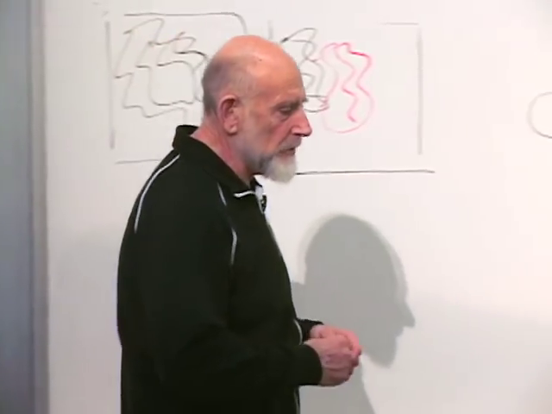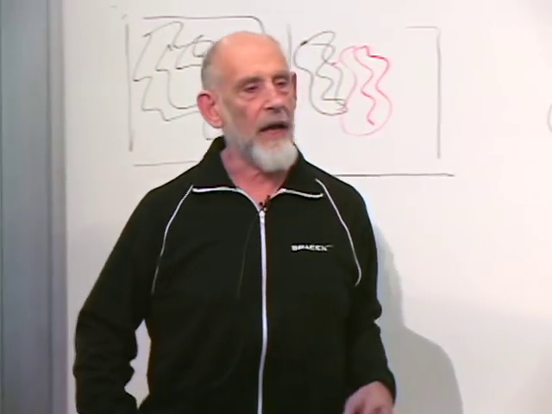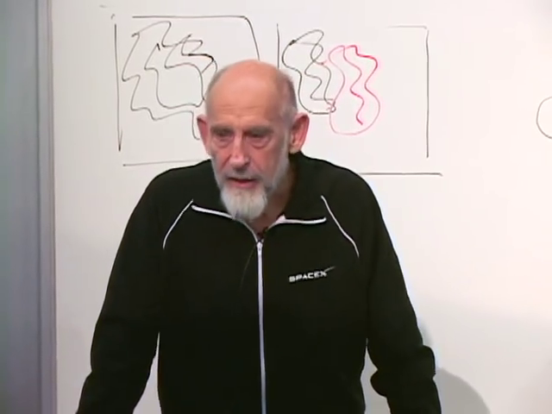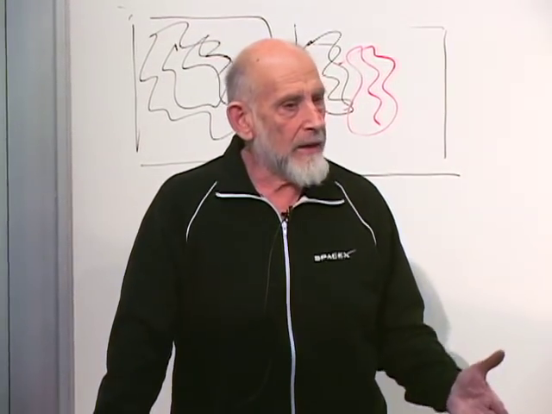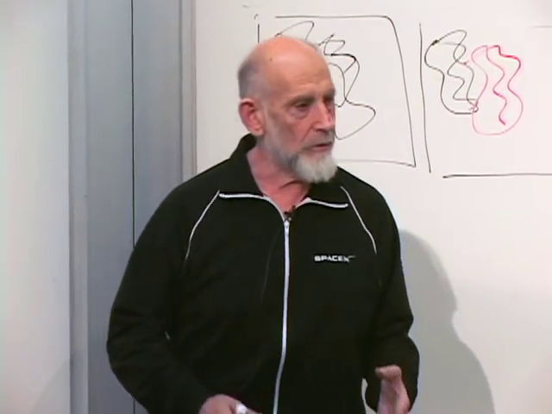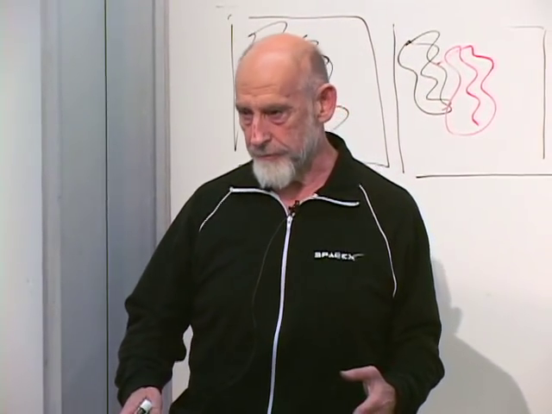In the 19th century, it was discovered that entropy is an adiabatic invariant. The meaning of that, an adiabatic invariant was a quantity which doesn't change when you change things slowly.